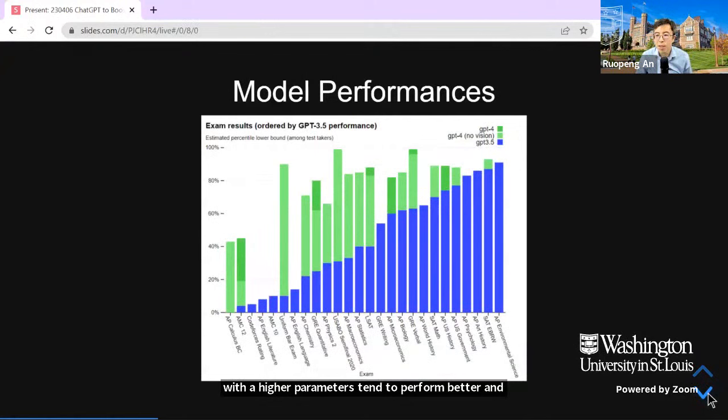So take a look at this graph, which is the OpenAI assessment of its GPT 3.5 model, which was the model that ChatGPT was based upon, in comparison to the newly released GPT-4 model, which is the state-of-the-art model nowadays.